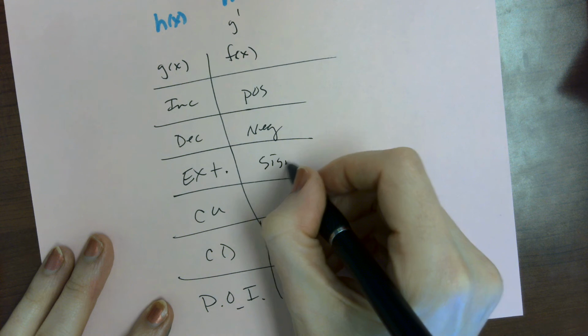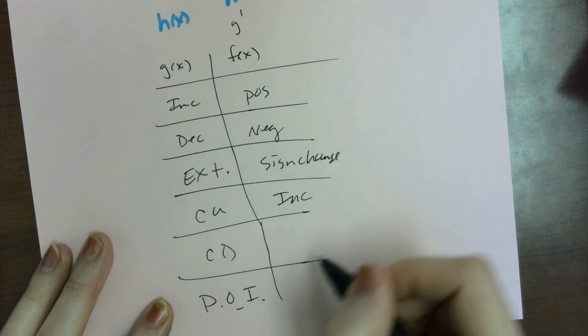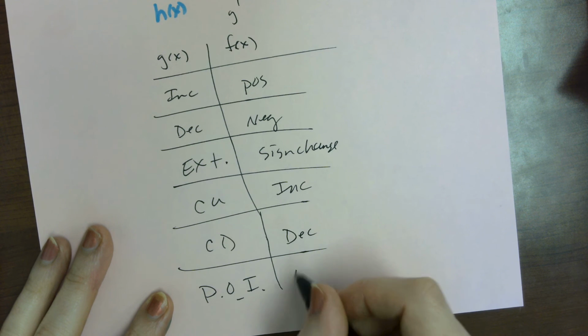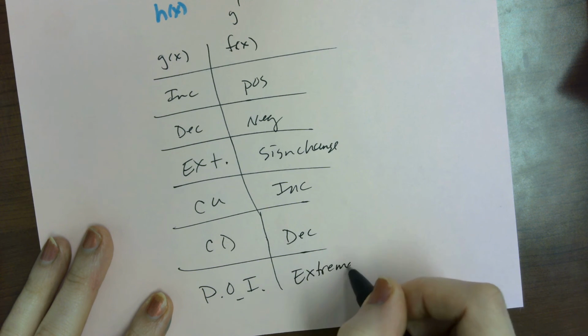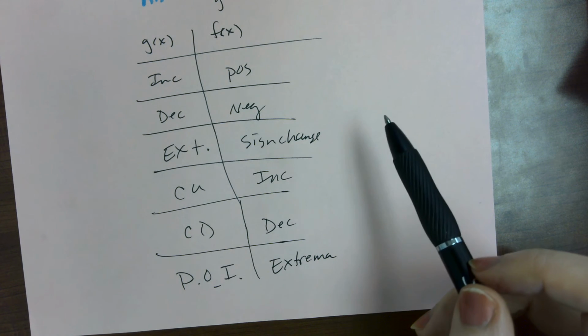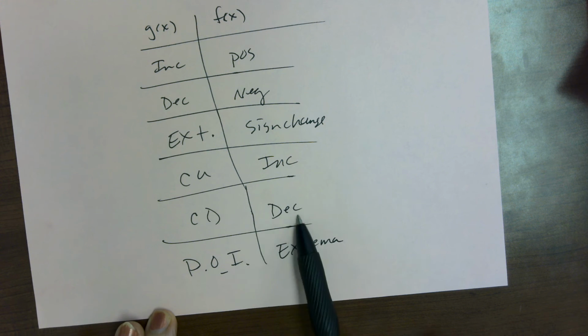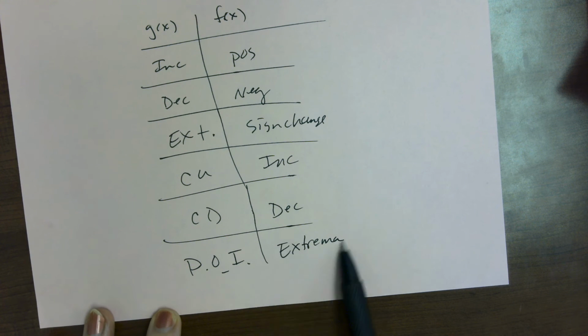All right, here we'd have a sign change, concave up, increasing, decreasing, extrema. Okay, so for concave down, I'm looking for the derivative graph to be decreasing. For point of inflection, I'm looking for the derivative graph to have an extrema.